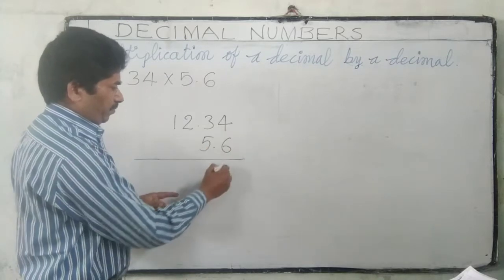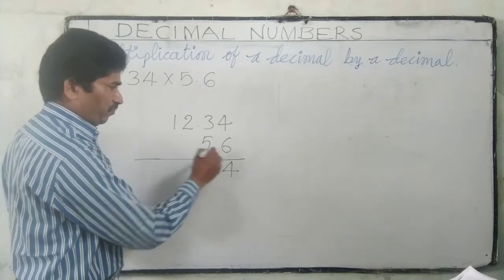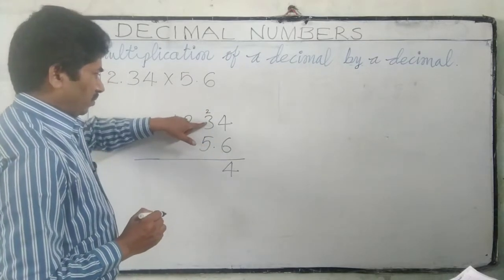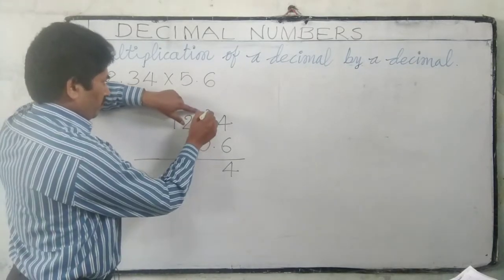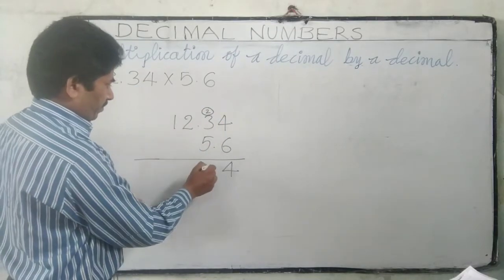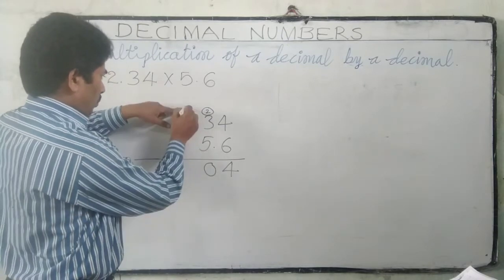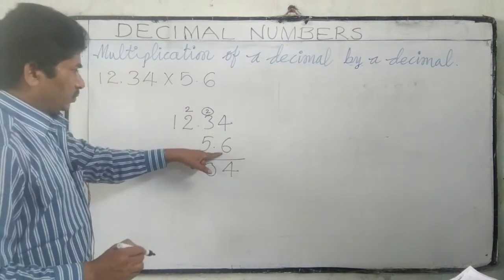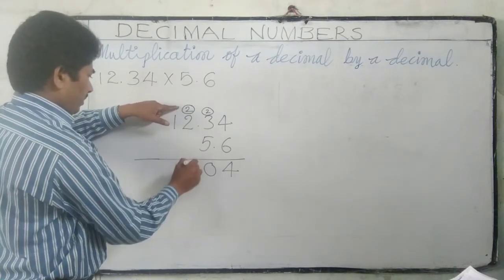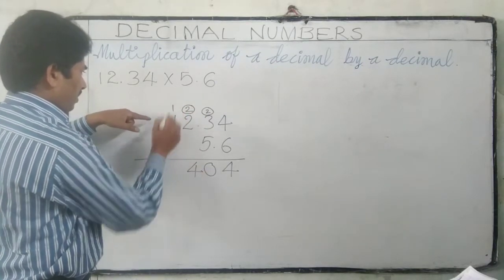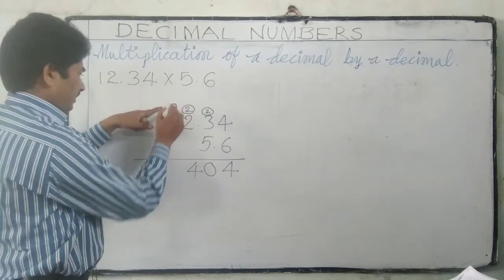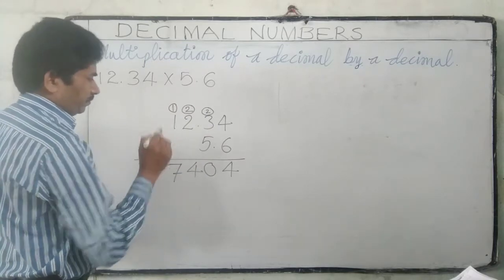6 4s are 24. 4 here, 2 carry. 6 3s are 18 plus 2, 20. 0 here, 2 carry. 6 2s are 12 plus 2, 14. 4 here, 1 carry. 6 ones are 6 plus 1, 7. 7 only.